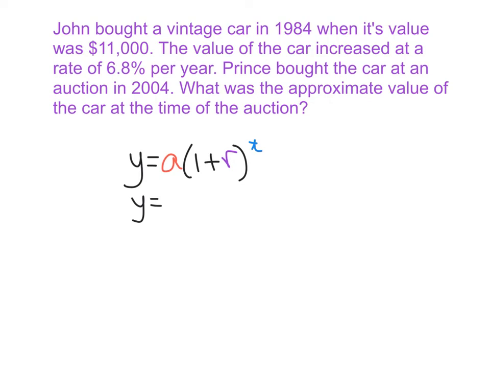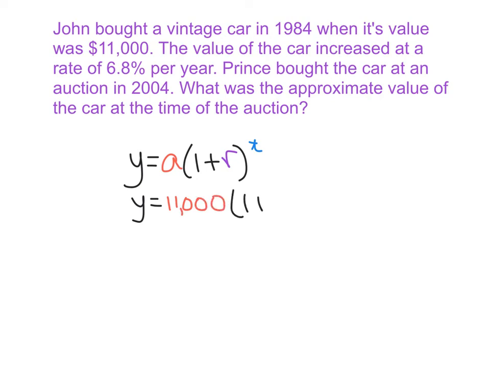Now, we're not talking about the original amount from when the car was first made. This is a vintage car, it says. Vintage means an old, probably a classic or a collector's car. So in 1984, that's not when that car was created, but we don't have that original amount. We just know that the car increased at a rate of 6.8% per year from when John bought it. So this is our original amount in this problem. So $11,000 is the original amount there.